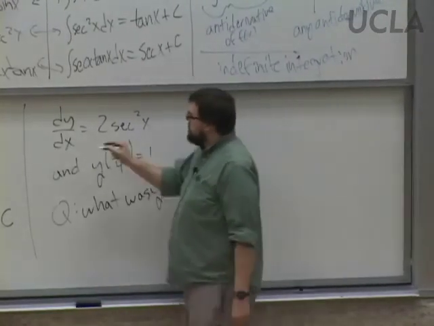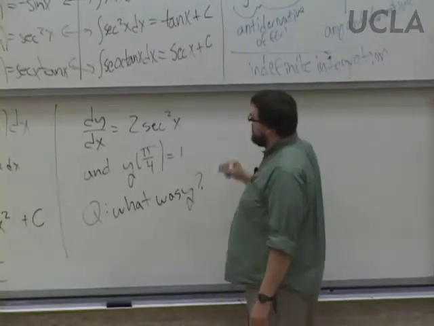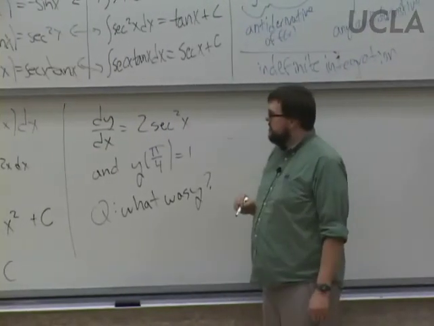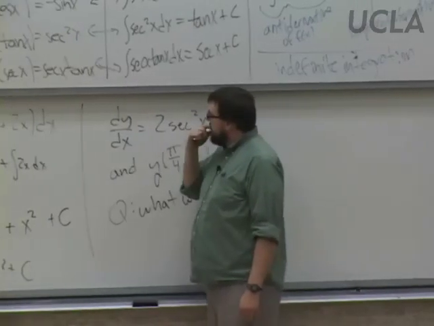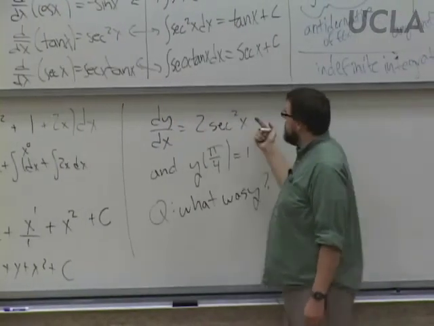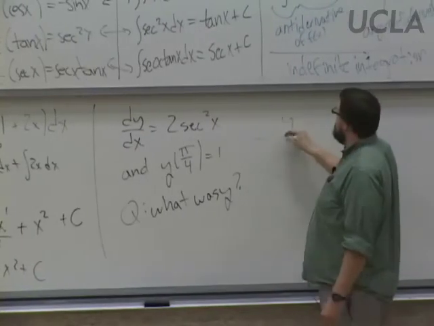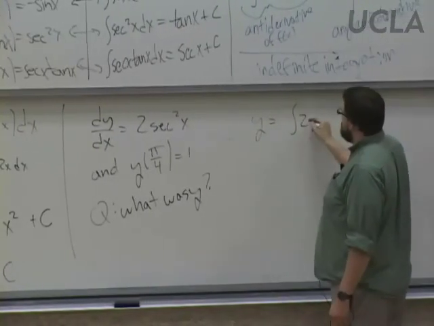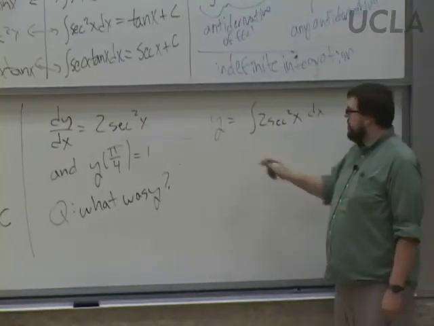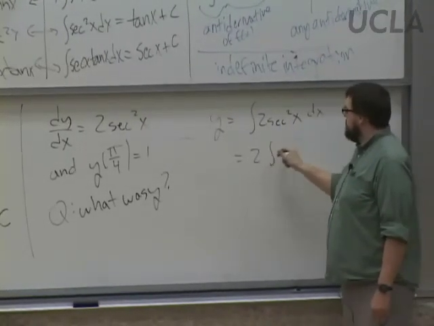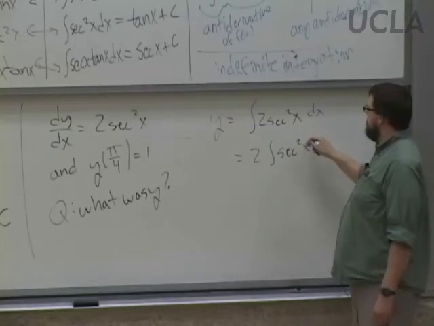Now here, if I just know this fact, can I say what y is in general? Well, I know that the derivative of y looks like this, and so I say, okay, well y is really going to be some antiderivative of 2 secant squared x. Now the 2 comes out, integral of secant squared x.